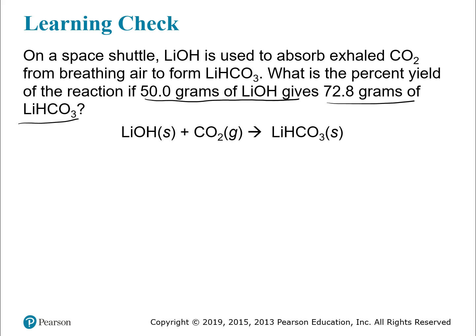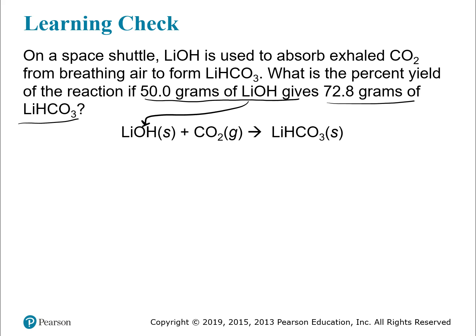This time we've got two numbers and we need to figure out which one is just telling us about the reactant and which one is telling us about the actual yield. Lithium hydroxide is a reactant.